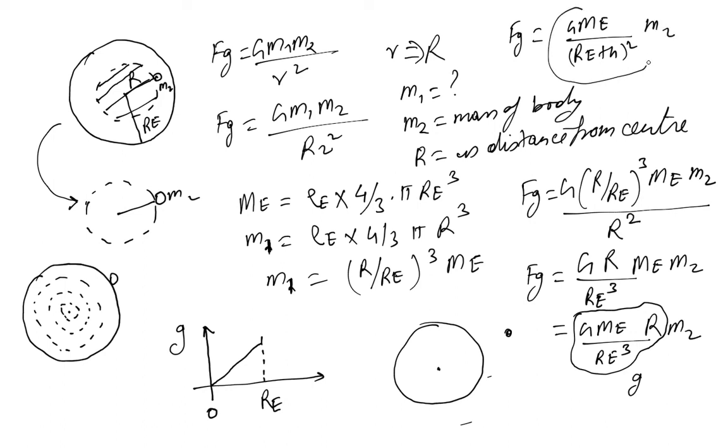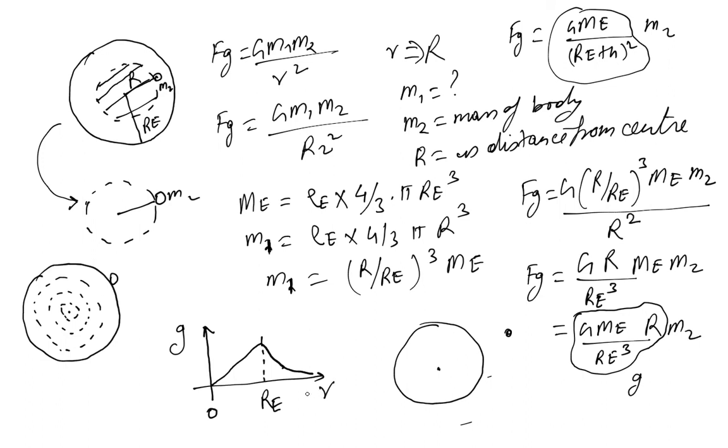So this is gravity now, where H is the height above the surface of the earth, and you see it decreases. So it behaves something like this. Decreases, goes to almost zero, as you go higher in the distance.